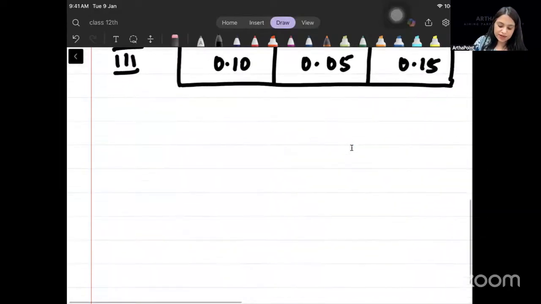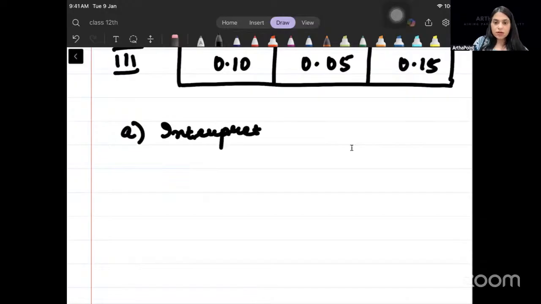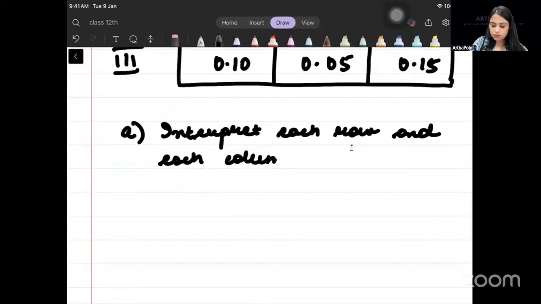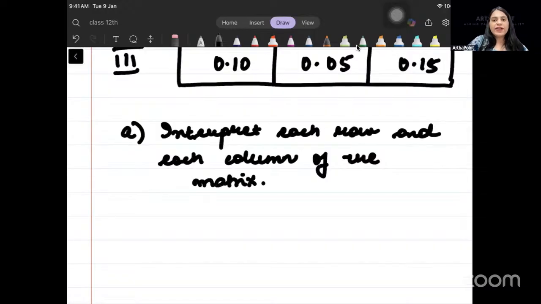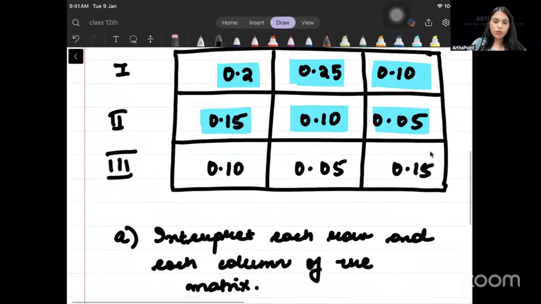तो ये question first part है इसका, that interpret each row and each column of the matrix. Interpret each row and each column of the matrix. So बहुत simple है, I've already told you. Each row is showing how output of one industry gets distributed among other industries as intermediate input. माने 0.20.